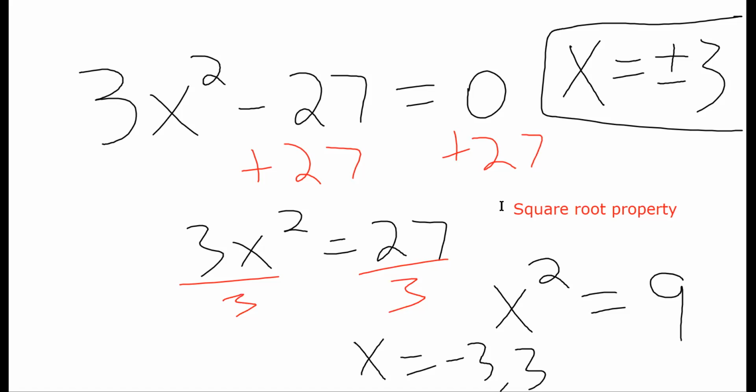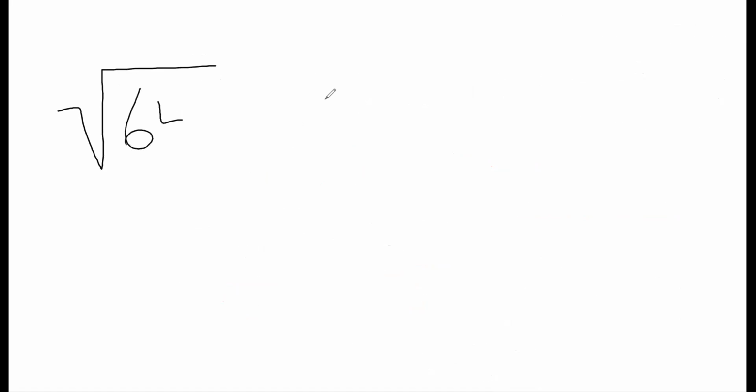The square root property. So normally when you just take the square root of a number, you really only talk about, and I'll do it here, you really only talk about the positive square root. So say you were taking the square root of 64. Normally you would just say 8, and you would be correct. That is the correct answer.